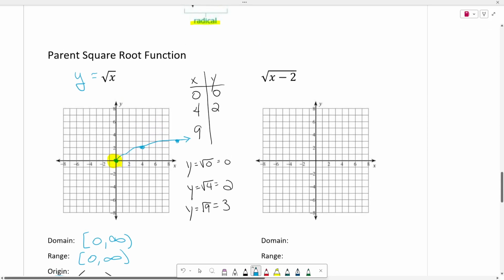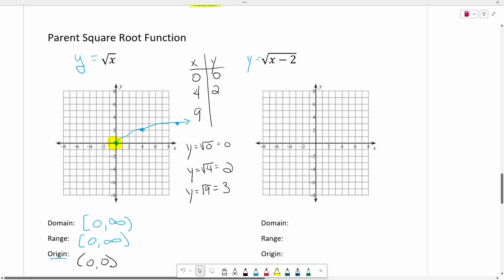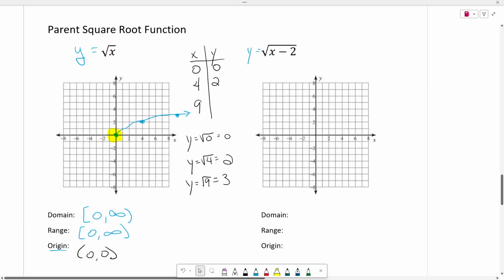Looking at another example where things change a little bit, this is y equals the square root of x minus 2. If I put anything other than 2 or larger in there, say a 1, I would have the square root of a negative number. Again, we're not doing imaginary numbers at this point, so we are not graphing imaginaries. So when I make my x and y table, my first point would be 2 because that would give me 0.